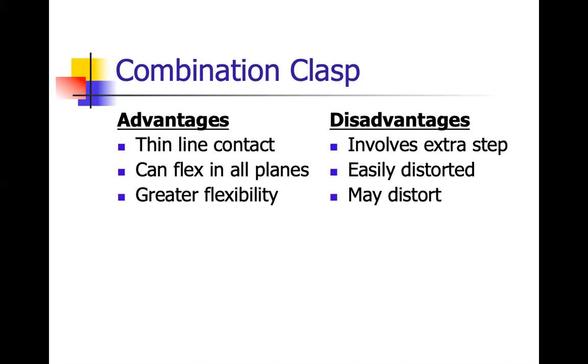The disadvantages are that it involves an extra step in fabrication. It can easily be distorted by careless handling by the patient, or may distort with function and not engage the tooth.